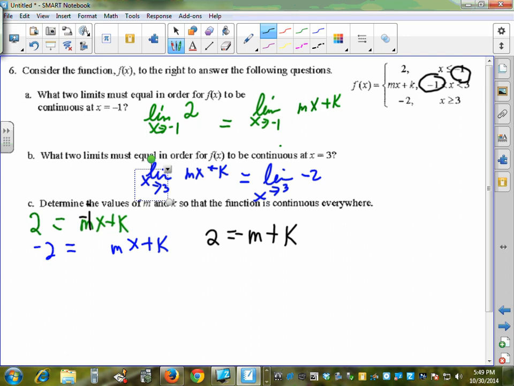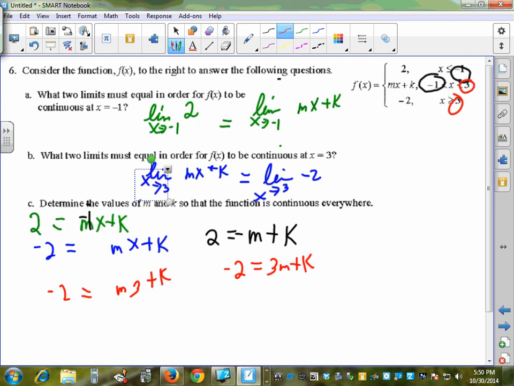And if you look at the other one, that limit is approaching 3. So in this one here, we would let x be equal to 3. That gives us -2 is equal to 3m plus k.